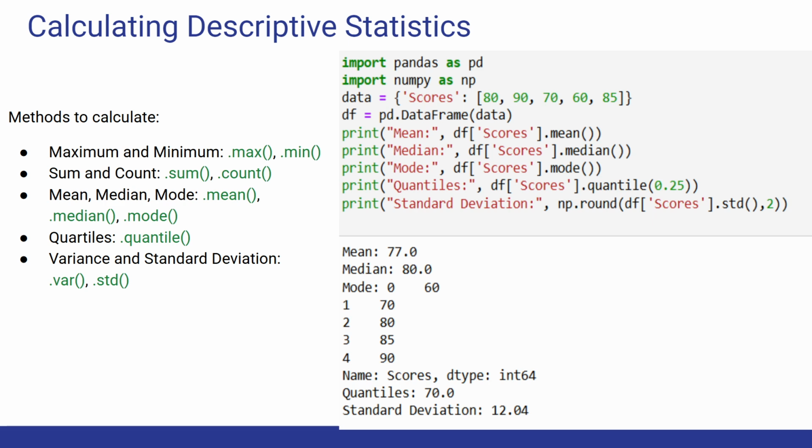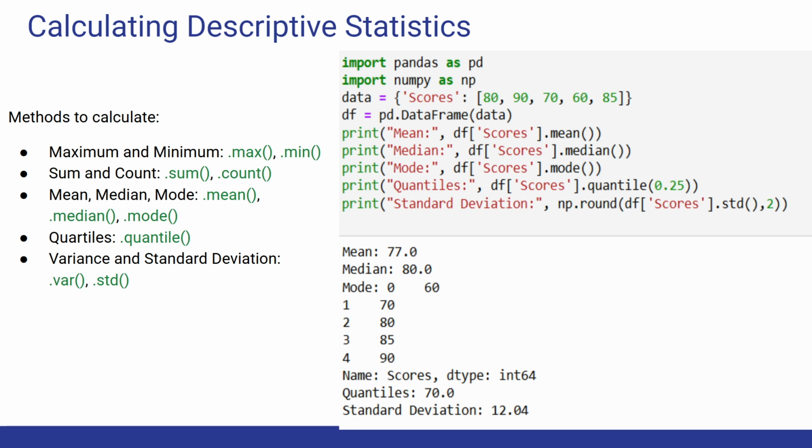Quantile is pretty interesting, where you can provide a range between 0 and 1. Typically, the ones that are used are 0.25 for the first quartile, 0.50 for median, and 0.75 for the third quartile.